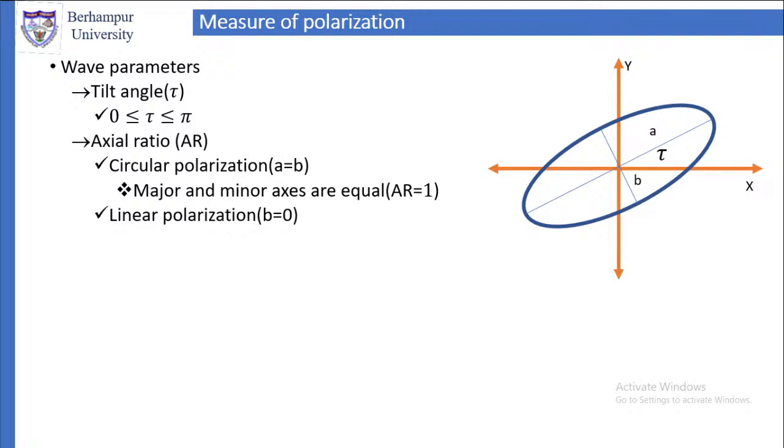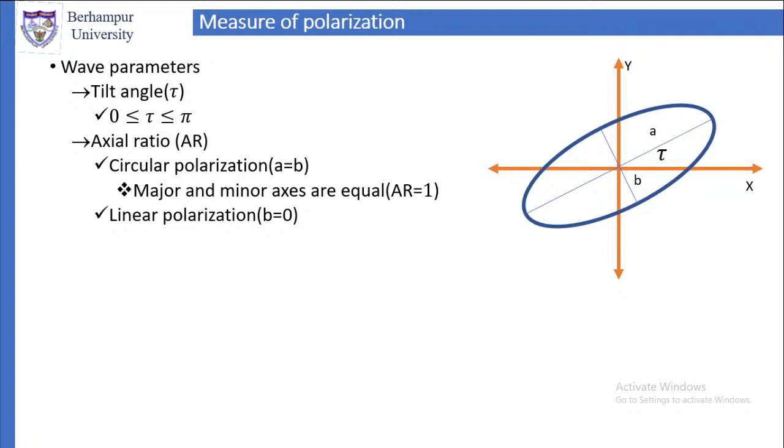You could also say A is equal to 0, which also gives linear polarization, but we'll take B is equal to 0. Why? Because B represents the bulge of the ellipse. The ellipse is oriented along the major axis and there is a bulge along the minor axis, so the bulge is given by the minor axis B.